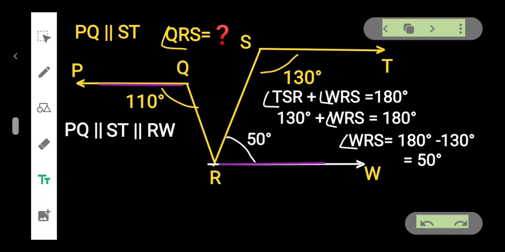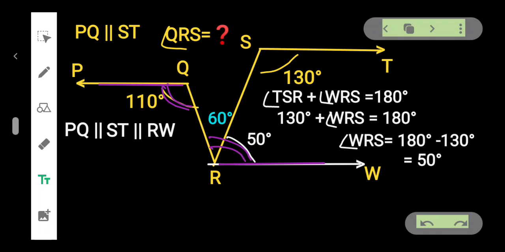Now, RW and PQ are also parallel. Then this angle PQR, this one, and this angle WRQ, this one, must be equal to each other. Why? Yes, alternate interior angles. So this angle and this angle are equal. Now it's very simple. What should be added to 50 to make it 110? It must be 60 degrees.